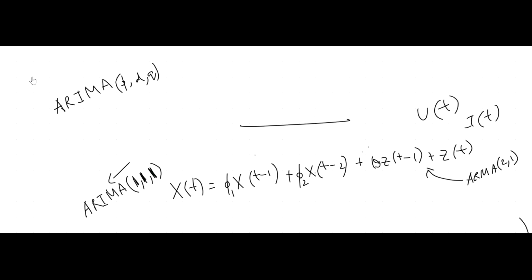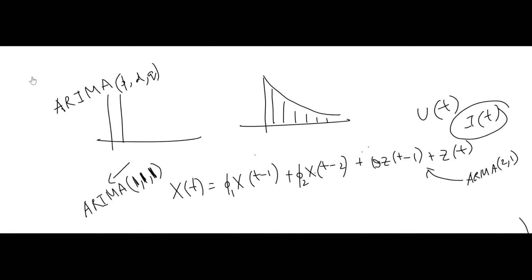The autocovariance function of U_t will decay very fast. On the other hand, the autocovariance of the original irregular component will decay like this. It will decay, but very slowly. That's why U_t is an ARMA process, but I_t is an ARIMA process.